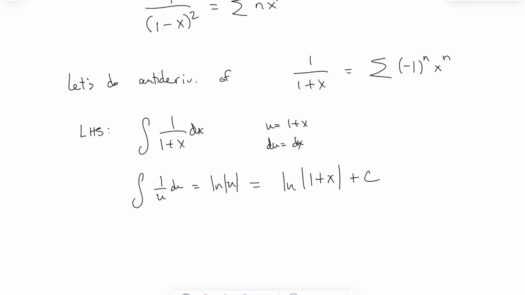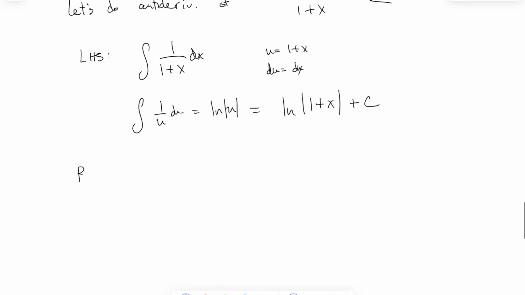On the right side, it's not so hard to take the antiderivatives. The right-hand side is just the sum of minus 1 to the n, x to the n, right? This looks weird, but I'm doing the antiderivatives. Really, I should write the integral sign on the inside. I'm doing the antiderivatives term by term, right? But all I have in there is just x to the n.